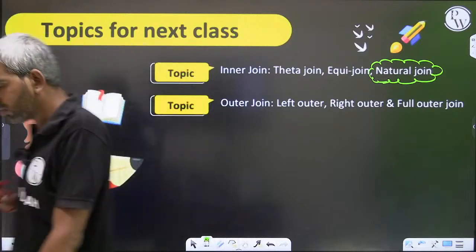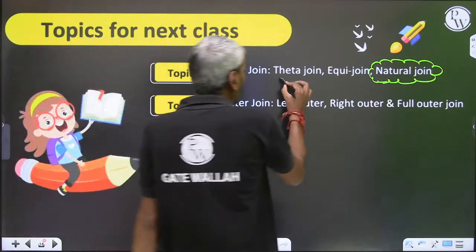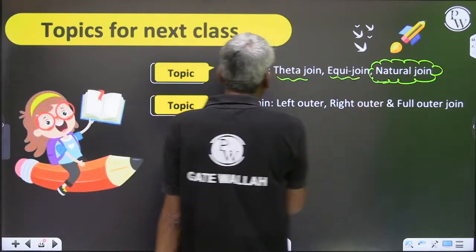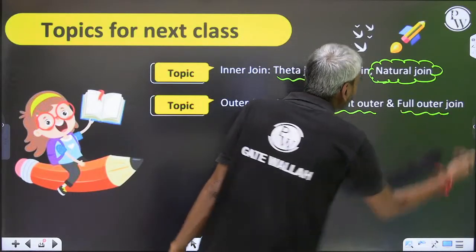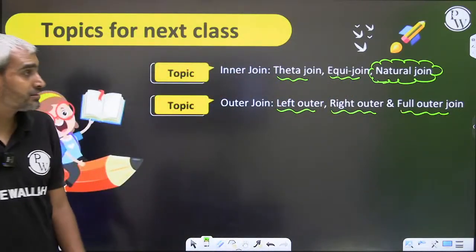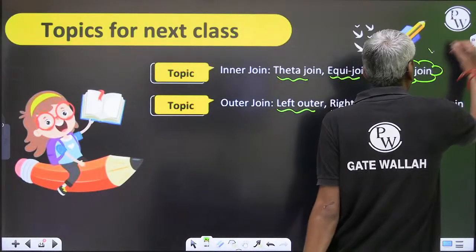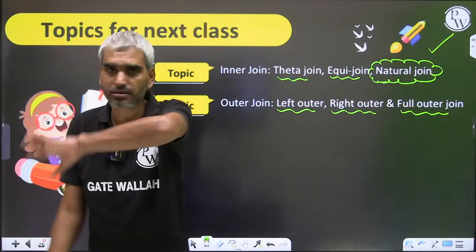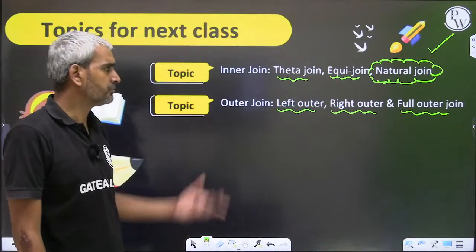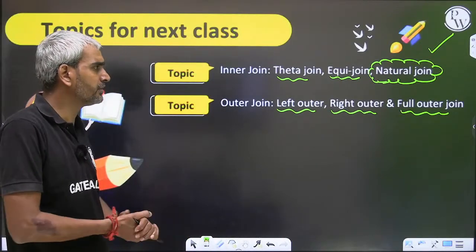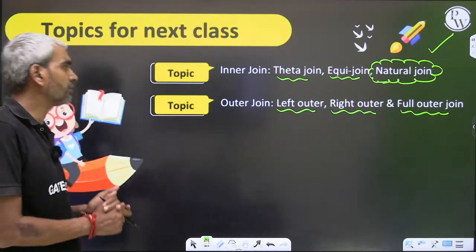The explanation of these three different types of join operation will require maximum 10 minutes, but the discussion of natural join will require enough amount of time. We'll try to cover it within the given duration of 1 hour.